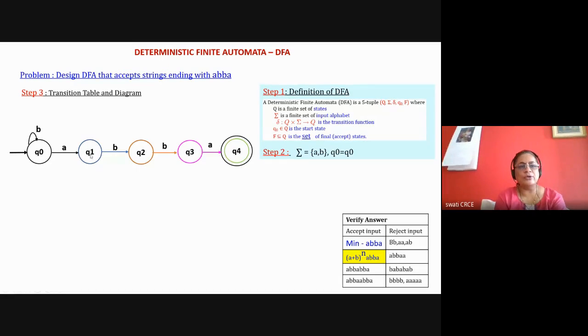So now I'm going to the state Q1. In the state Q1, if there is any A, then what should happen? It will remain in Q1. Lots of students are saying the correct answer. Someone is saying Q0. Why are you thinking it is Q0?